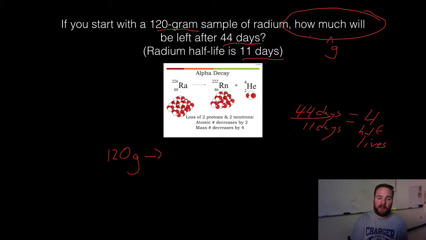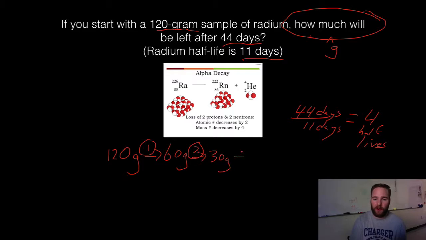And again, I use the same setup every time. I do like this, 120, our first half-life, we're going to have half of that, which is going to be 60 grams. Our second half-life is going to go from 60 to 30 grams. Our third half-life is going to go from 30 to 15 grams, and we have one more half-life.